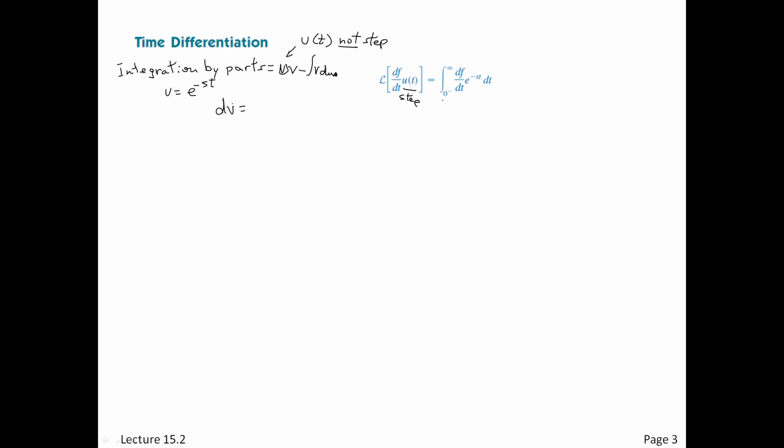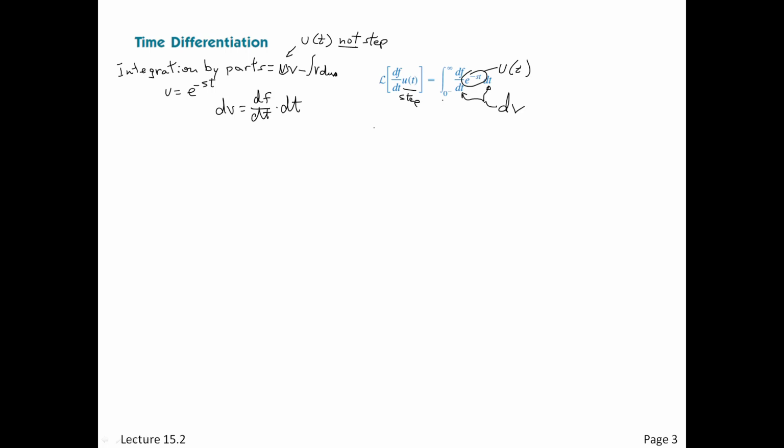See, so the trick is you pick out one function, but then you have to pick out the differential of the other part. And in this case, it's going to be df dt times dt. Okay? So to integrate this, and we're doing integration by parts, as the name says, we're going to collect this guy with this guy, and identify that as dv. And then we're going to take this guy and identify that as the function u of t.